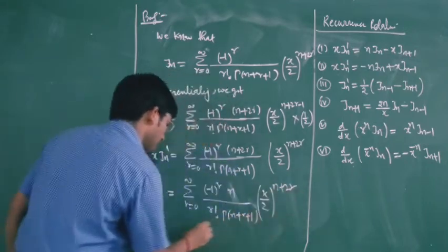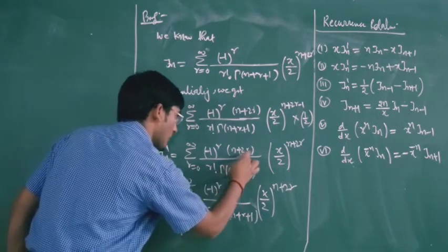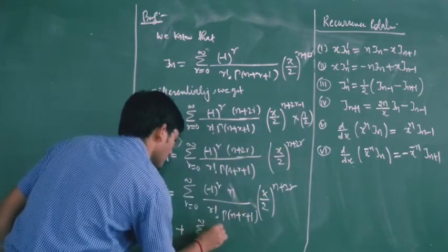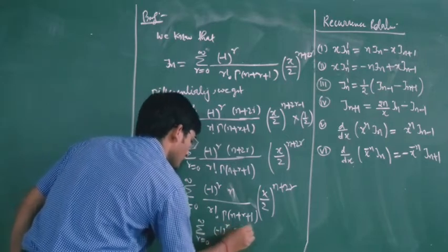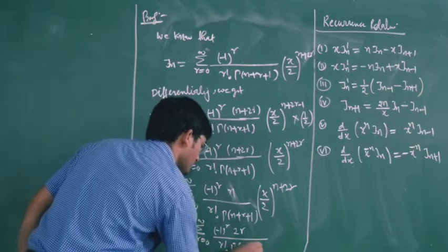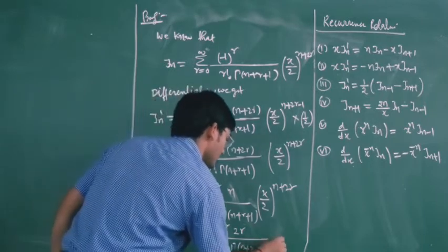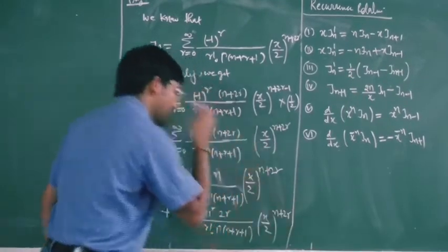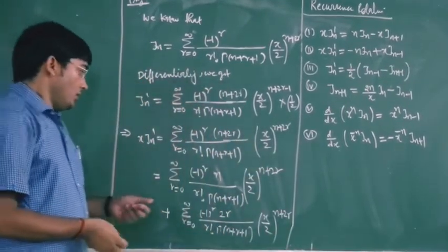Then the second term will be 2r times the remaining terms, so this will be summation r equal to 0 to infinity (-1)^r 2r / (r! Γ(n+r+1)) times (x/2)^(n+2r).